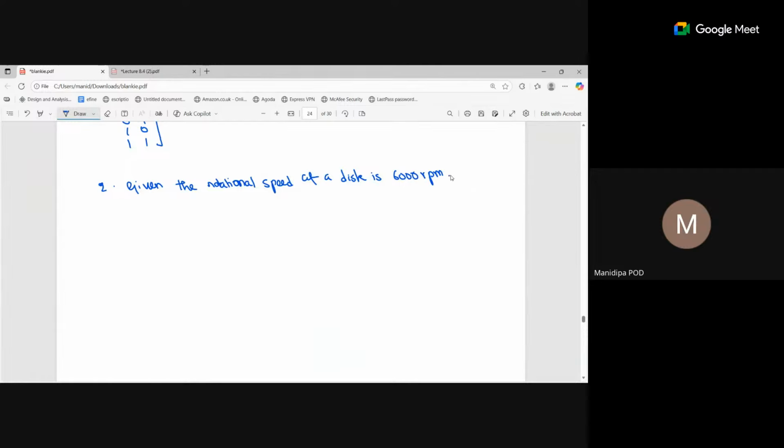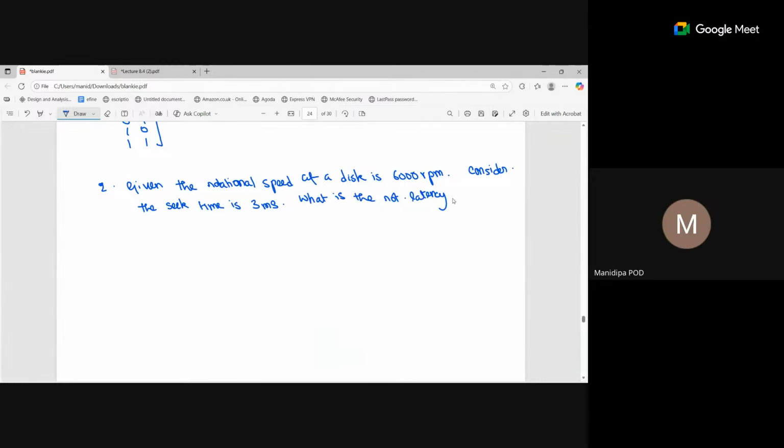Consider the seek time is 3 milliseconds. What is the rotational latency?